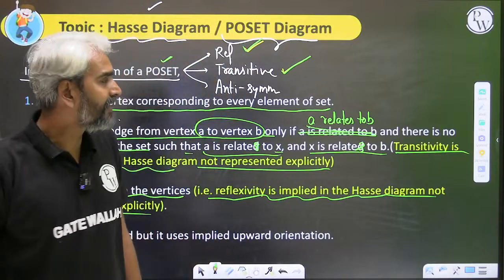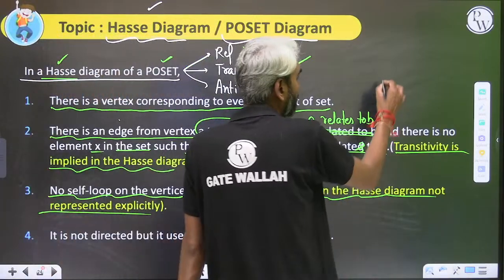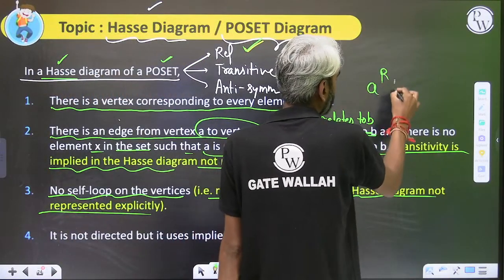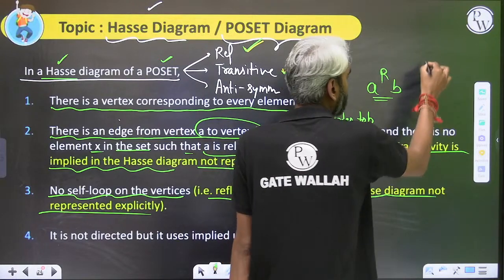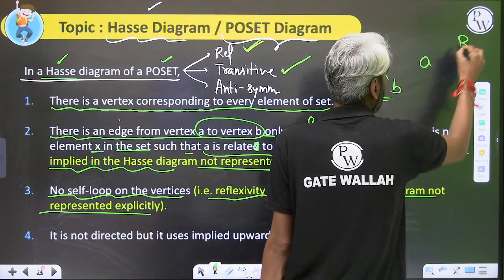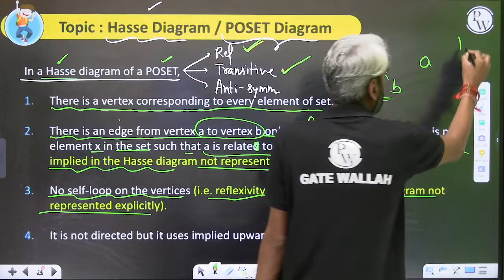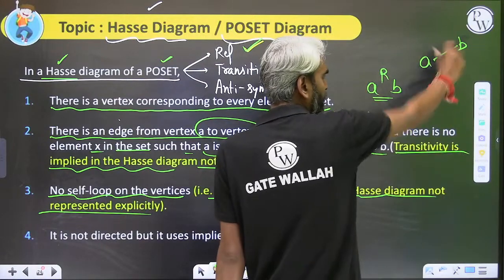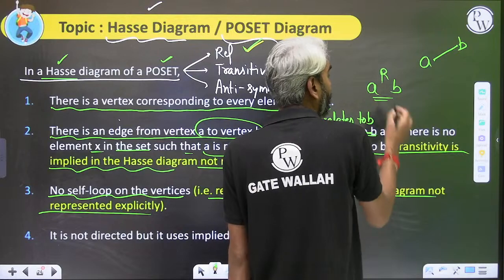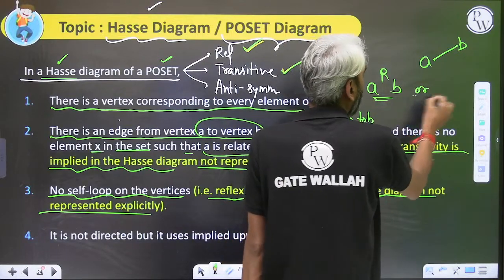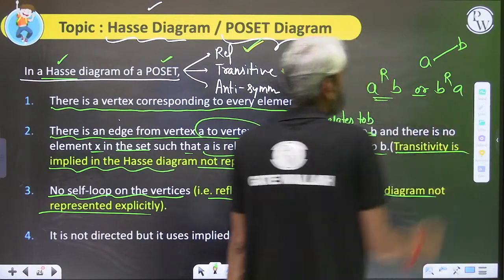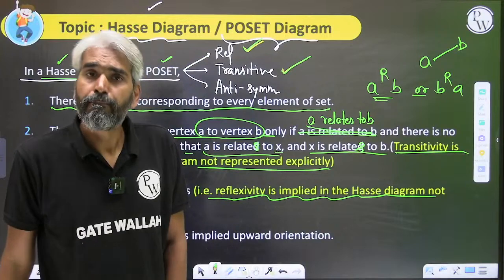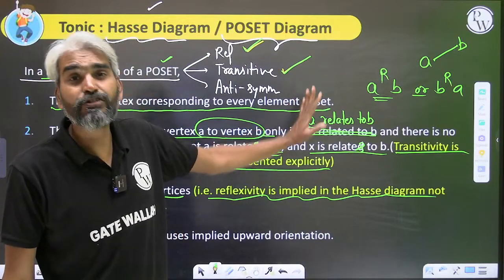Now, the last thing that you need to understand is that if A relates to B, then we are thinking that there is an A and there is a B, and we are trying to relate A and B. But if there is an edge between A and B, how do we identify whether A relates to B or B relates to A? There are two ways of doing this.